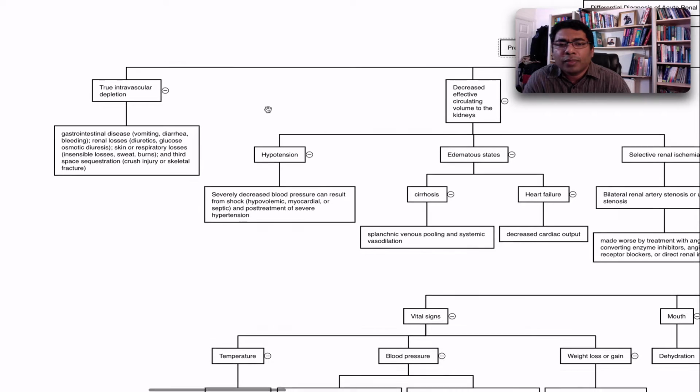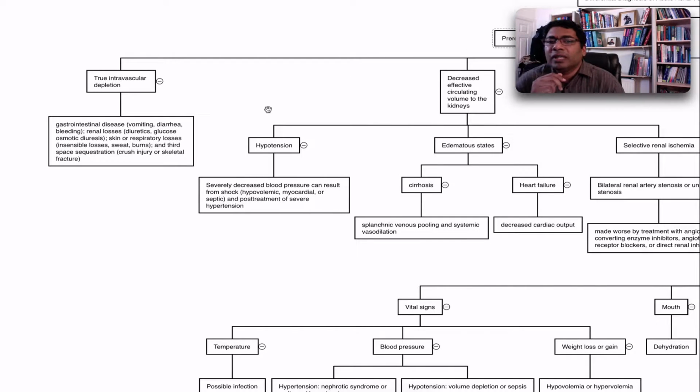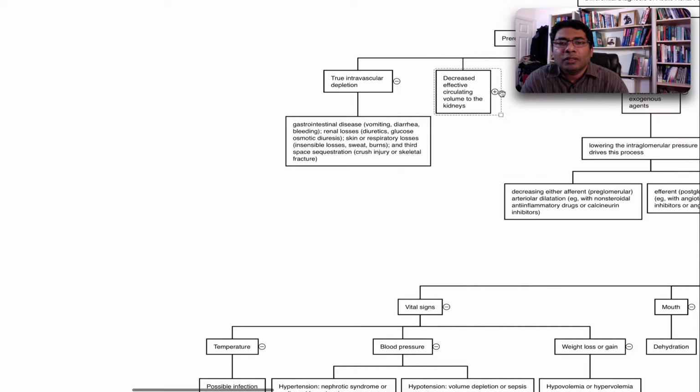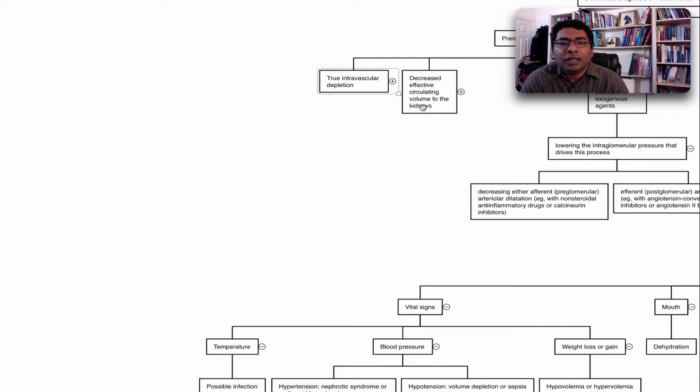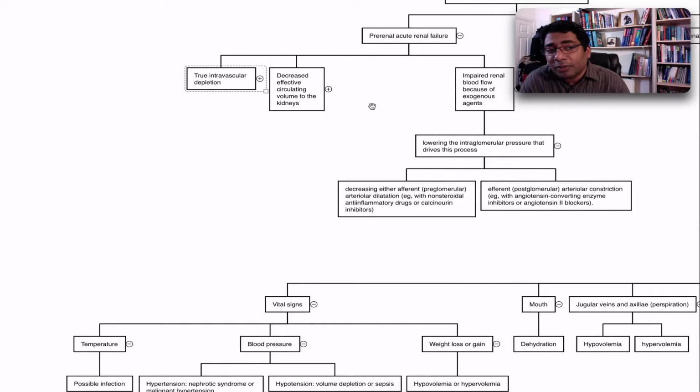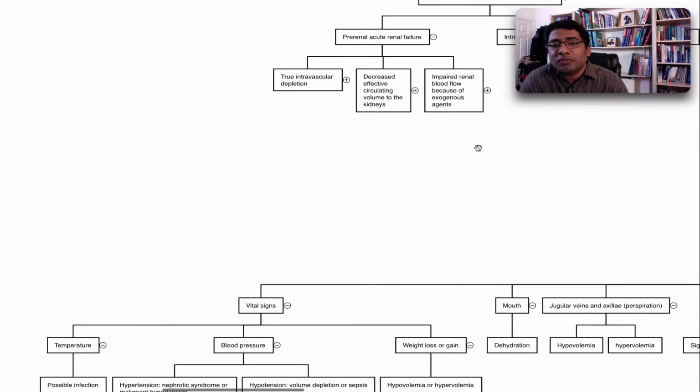I think you have to suspect pre-renal acute renal failure under certain circumstances: if there is true intravascular volume depletion, decreased effective circulating volume to the kidneys, or impaired blood flow because of exogenous agents.